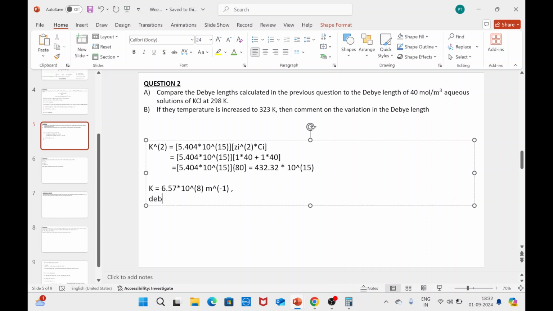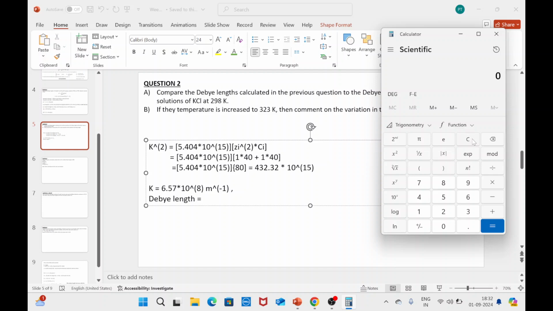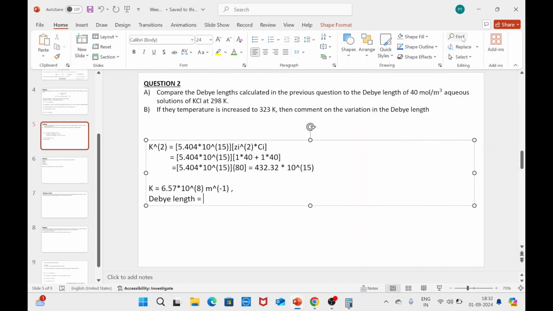So the Debye length will be the inverse of this, which is 1.52 times 10 to the power minus 9, or you can write it as 1.52 nanometers.